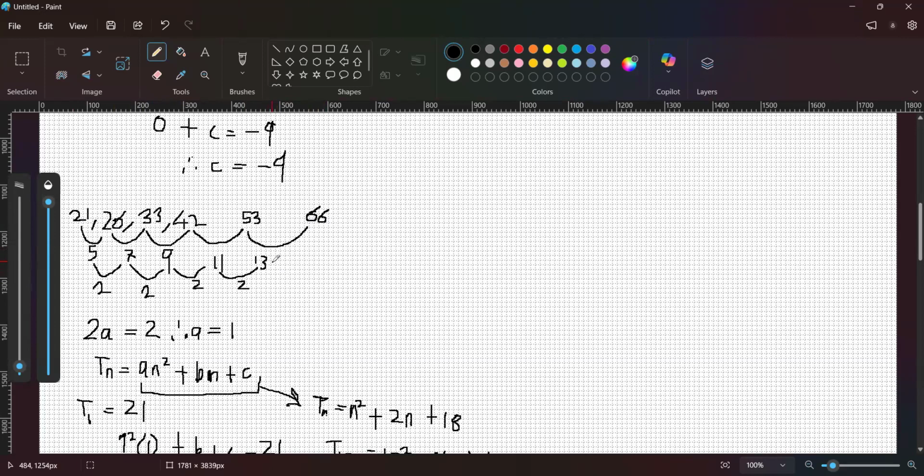But I'm sure you know that for large terms, say 300, you can't do this. Just imagine you doing it 100 times. It's going to wear you out, and you won't even have time to answer all the questions. Okay, so 13 plus 2 is 15.